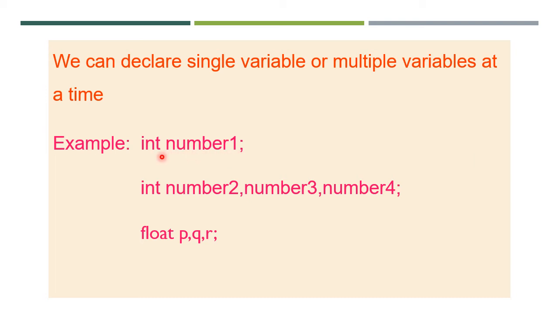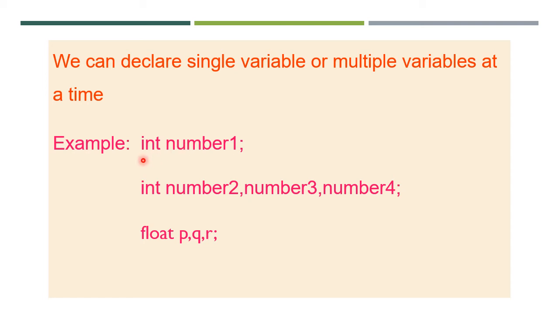What happens when you declare like this? In the memory, a small memory location will be reserved to store an integer value, and this memory location will be identified with number 1. In that memory location no value will be there right now. It is empty, or it may consist of some garbage value.